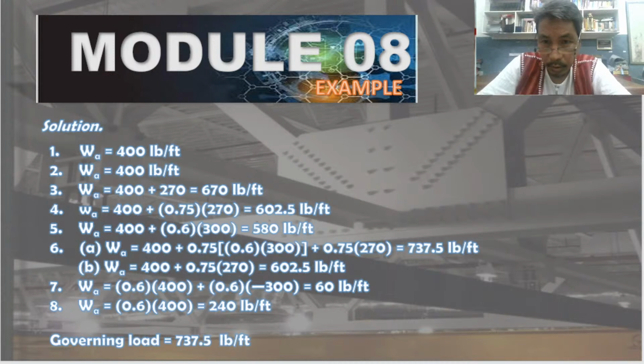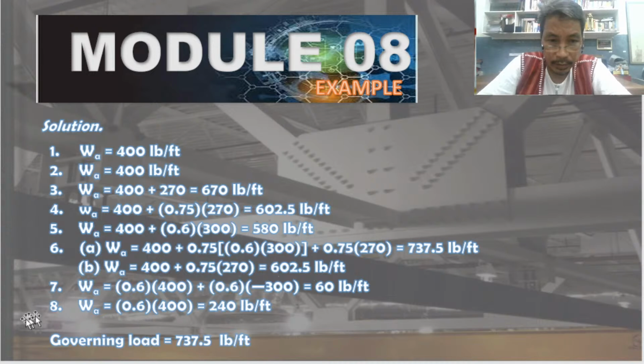Live load times 0.75 and plus dead load. So again, if you compute that, it is 400 plus 0.75 times 270, that is 602.5.